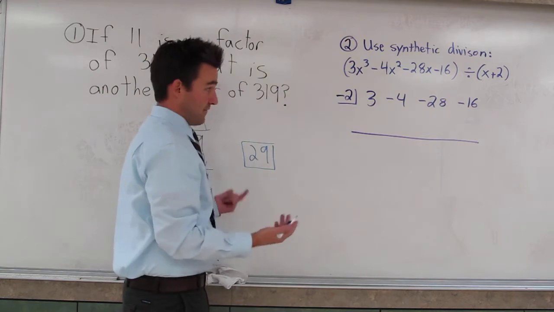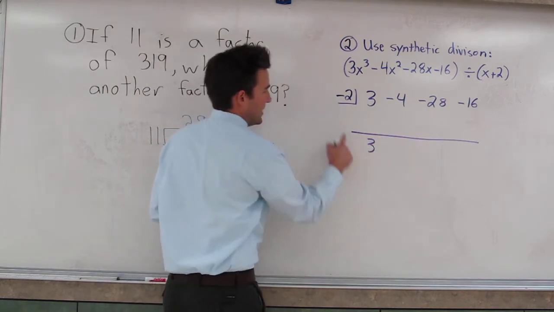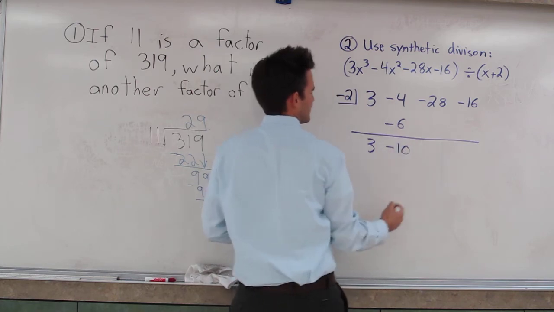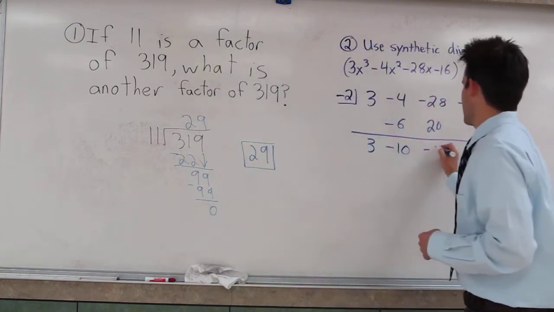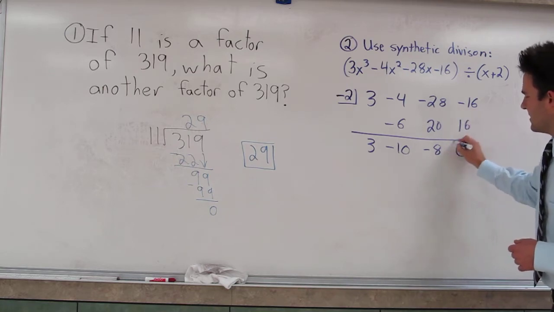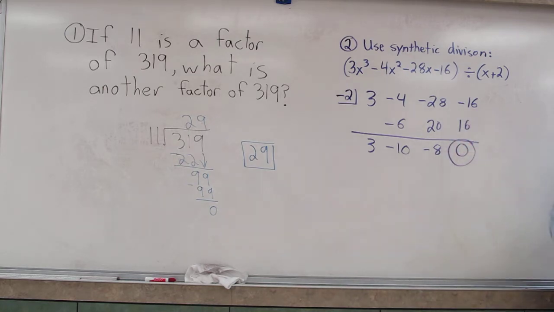Draw a line, and hopefully this is what you got. 3 times -2, -6. Interesting. We got a 0 here, meaning our remainder is 0. I mean, we could write 0 over x plus 2, but that seems a little silly right now.